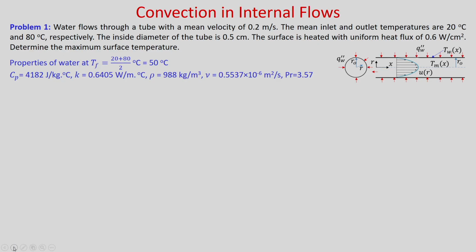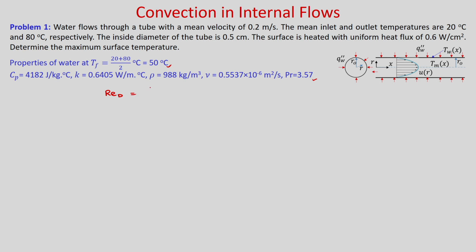So, first let us calculate the Reynolds number and the developing length or entrance length. So, the properties of water at film temperature 50 degree centigrade, okay, that is the average temperature. So, Cp, k, rho, nu and Prandtl number are given. So, you calculate first from here the Reynolds number.